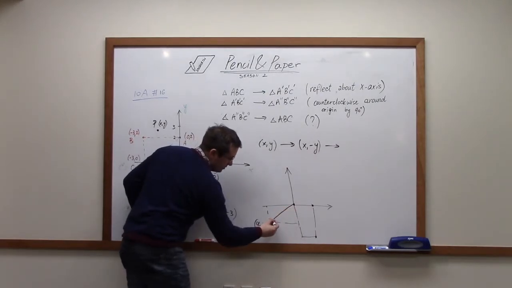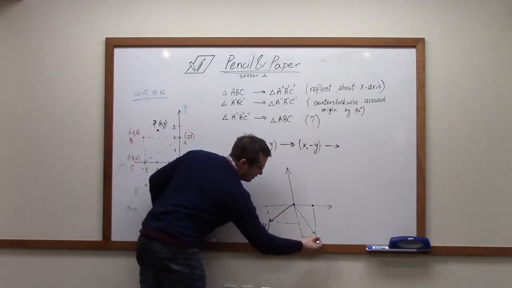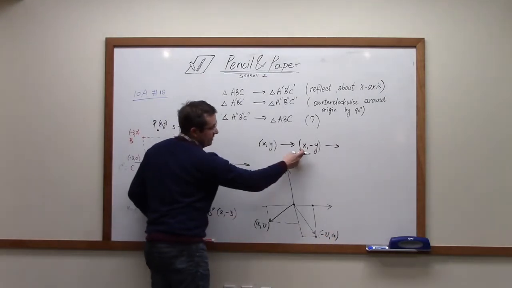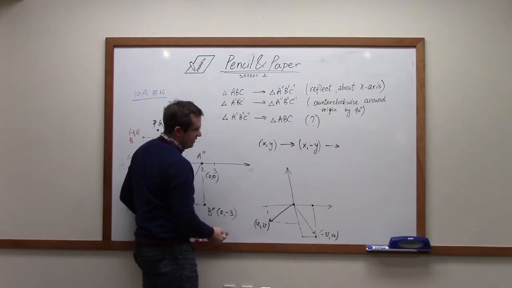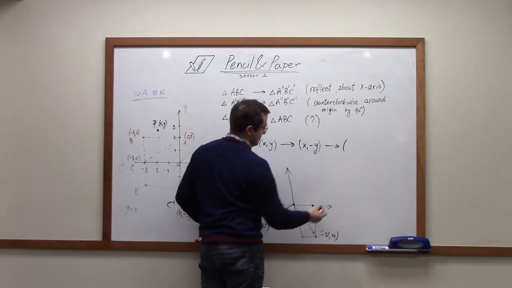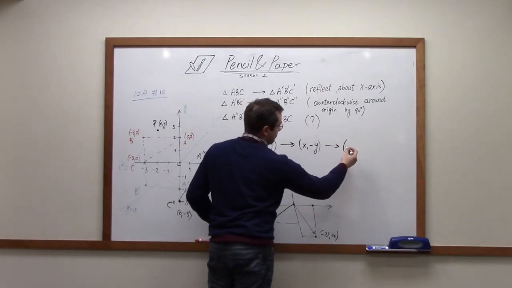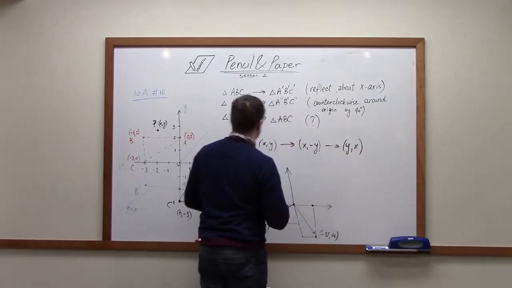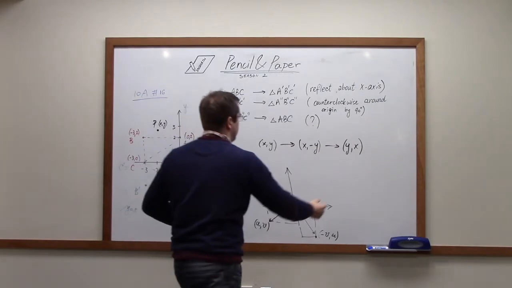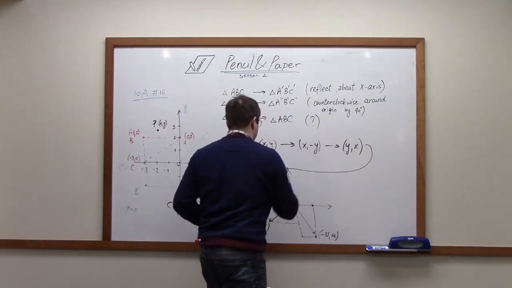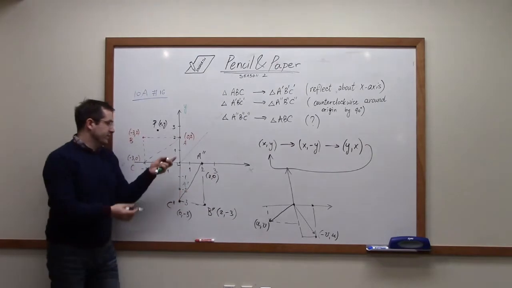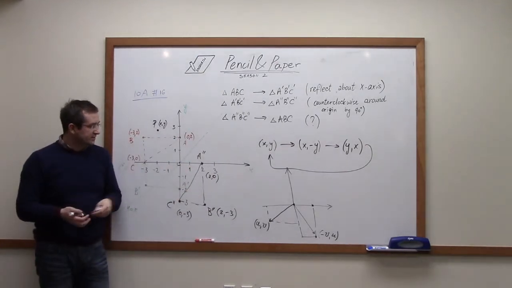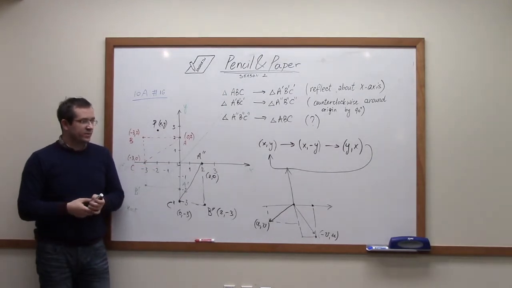So this is my guess: negative v, u, right? So if I had my coordinate x, negative y, my new coordinate becomes y, x. Right? So now I can see to bring it back, what do I need? I can just reflect it through the line y equals x. Yeah, this is how you solve this problem.